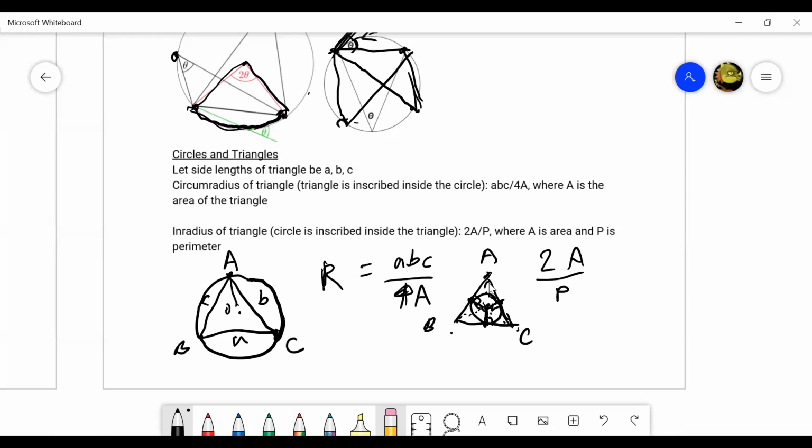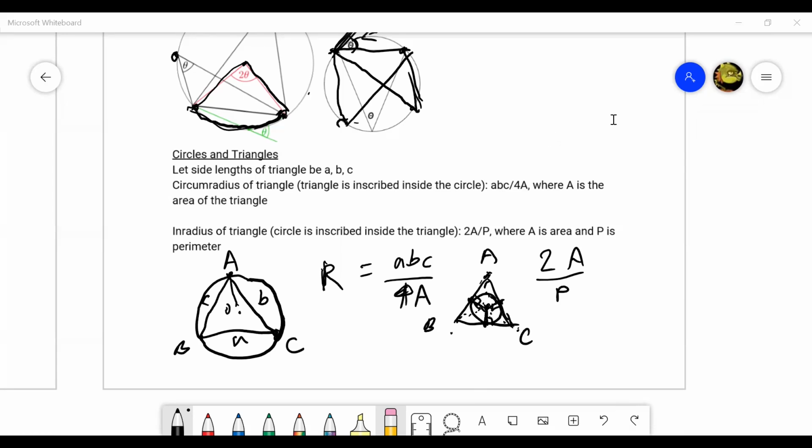And the area of each of these triangles is the radius times the side length divided by 2, right? Because base times height over 2 is the area of a triangle.